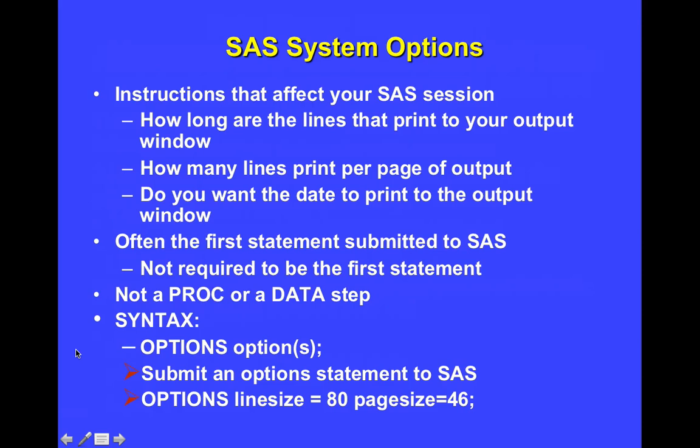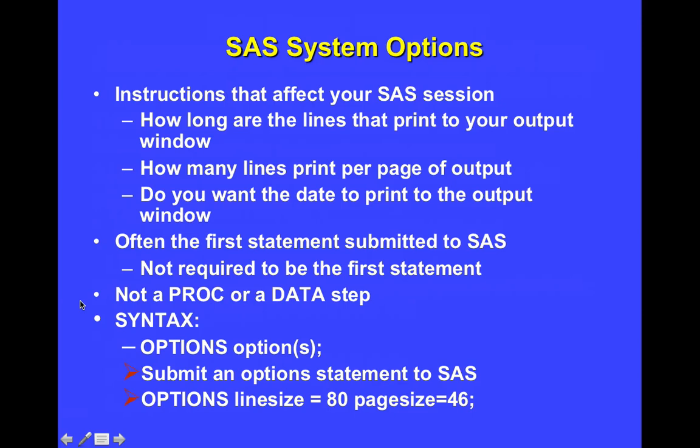Oftentimes, it might be the first statement that you submit to SAS to set up the operating environment for that particular session, although you can specify them at any time throughout your SAS session and anywhere in the editor file that you would like. Notice that when I show an example of this, you'll see that these are not procedures or data steps.